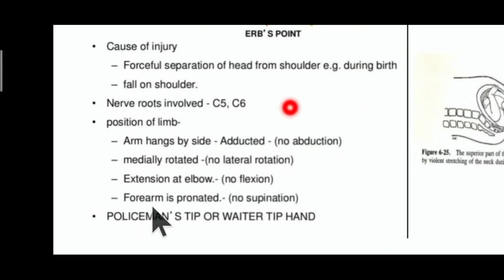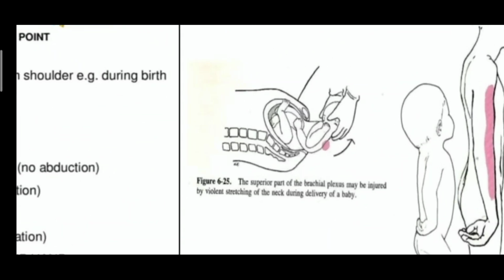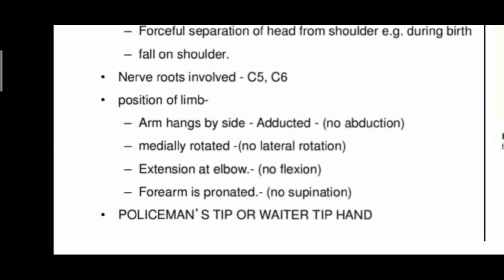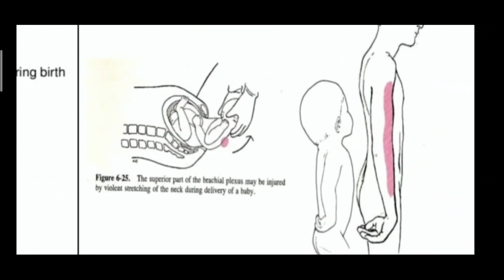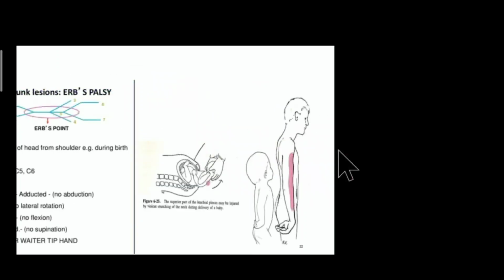So you can see here in this pic, the forearm is extended and pronated, whereas the arm hangs by the side, adducted and medially rotated. So this is also called policeman's tip or waiter's tip hand. So this is one of the clinicals of any damage to the brachial plexus.